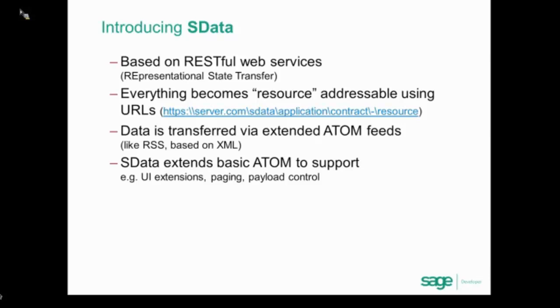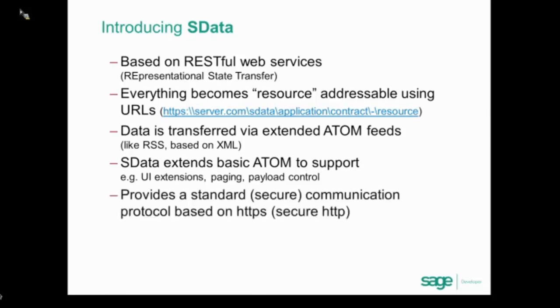So we've added things through the SData protocol to handle some user interface extensions, how data should be sorted and presented, how large volumes of data should be paged, and how you can request the specific data you want. If the resource you're trying to connect to is a piece of Sage business data, that could be quite large, so you need to control the request for the data that you want to receive. That is what is meant by payload control.